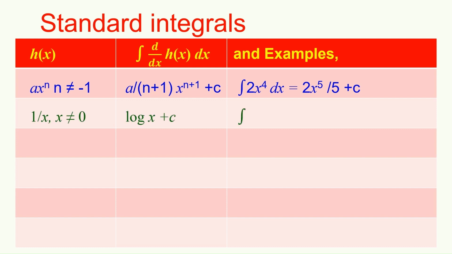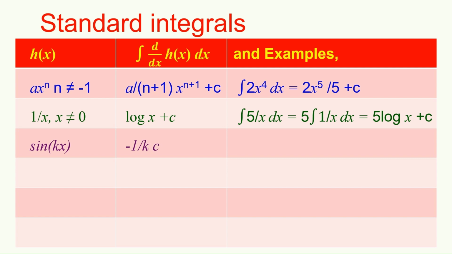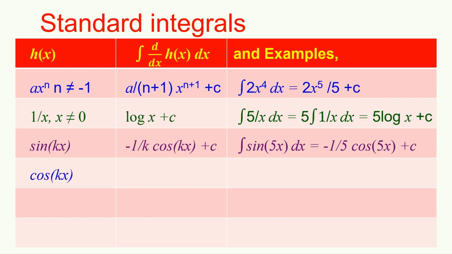Next, antiderivative of 1 divided by x is log x plus c. See example. Next, antiderivative of sin kx is minus 1 divided by k cos kx plus c. See example. Indefinite integral sin 5x dx equals minus 1 divided by 5 cos 5x plus c.